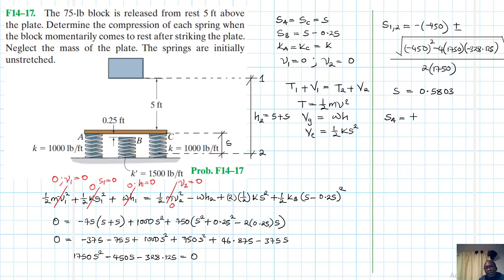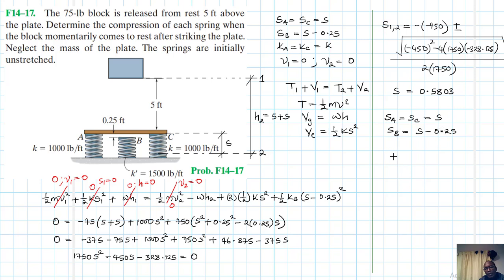So s_A is equal to s_C is equal to S, and s_B is equal to S minus 0.25.